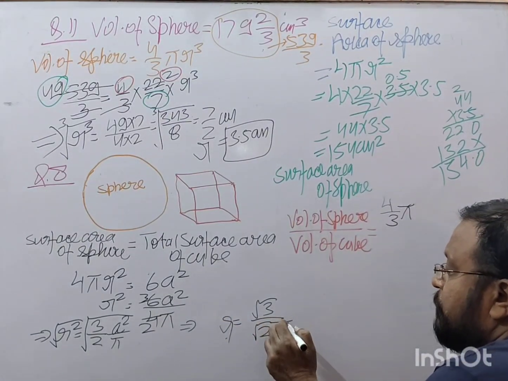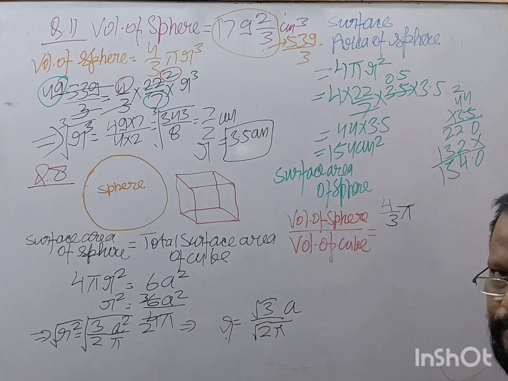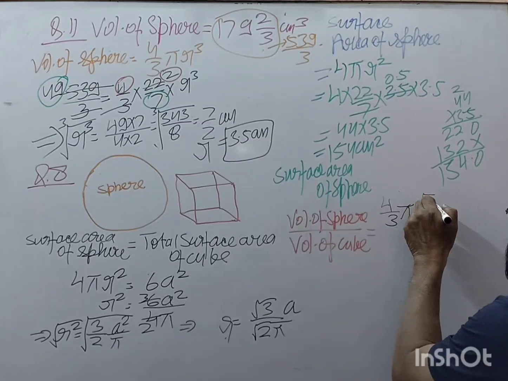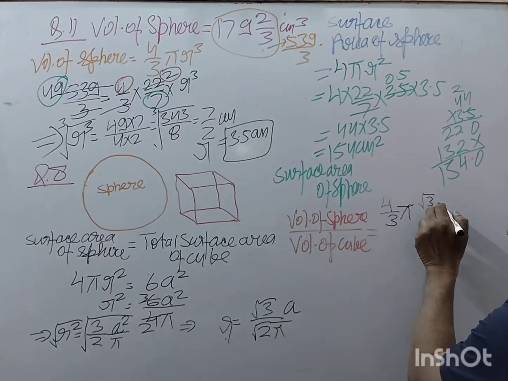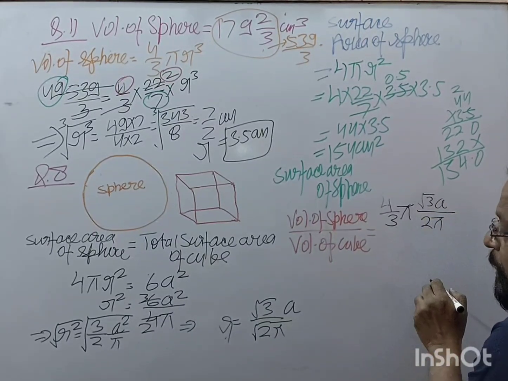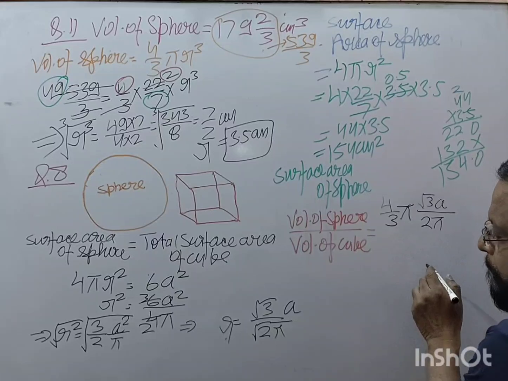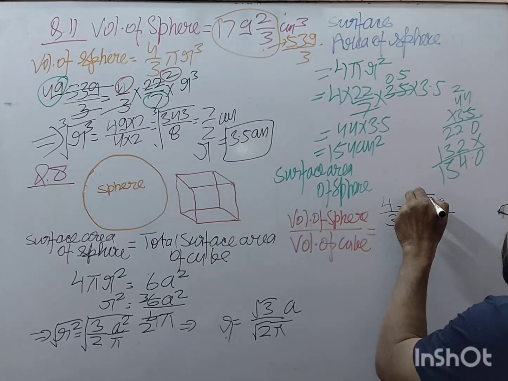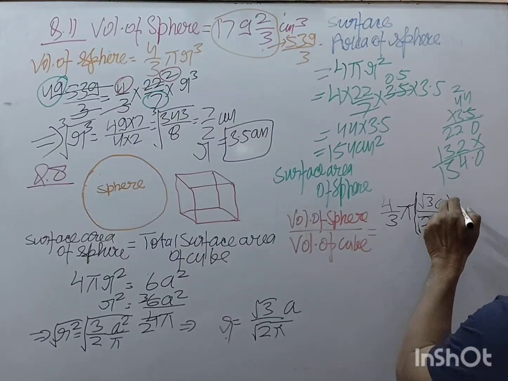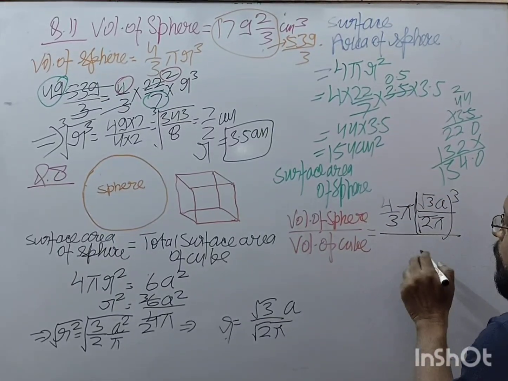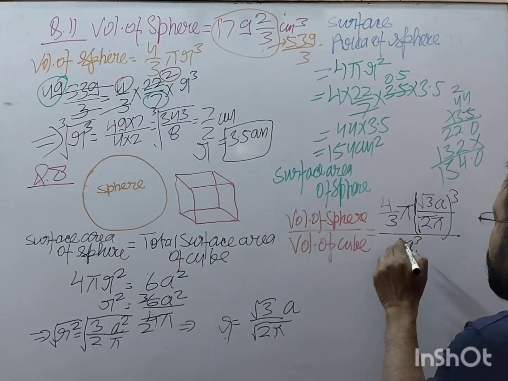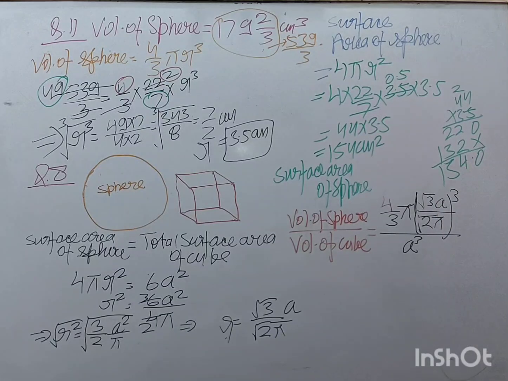R is equal to A. So we can write root 3 A upon 2 pi, root whole cube, upon volume is A cube, right? You get this?